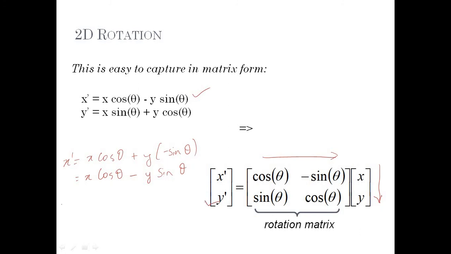Taking the value of y dash, we will have x sin theta plus y cos theta. This is your matrix form.